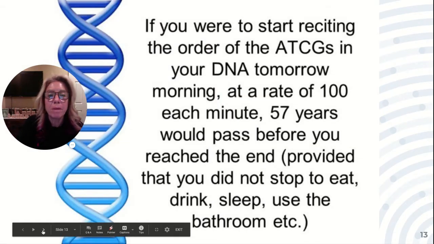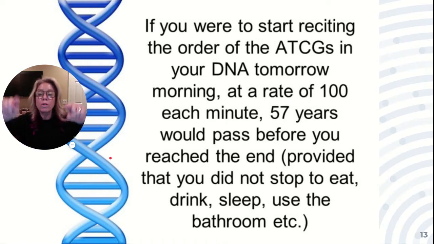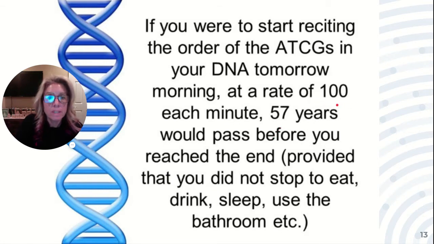Now, talking about that DNA, if you were to recite the order of all the bases in your DNA starting tomorrow morning, and you listed off those bases in your cells, and you did 100 a minute, it would take you 57 years to say all your bases. And that is if you didn't eat, sleep, go to the bathroom, nothing. Okay, 57 years.